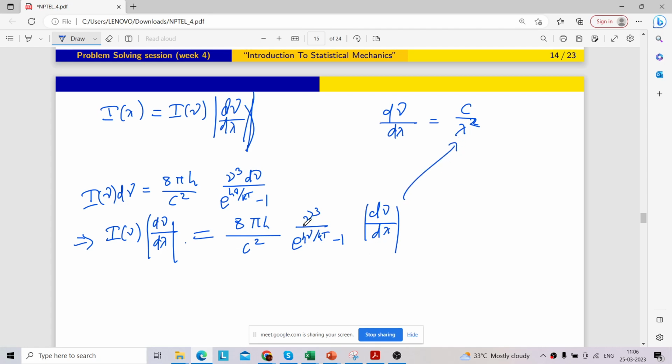I can substitute the lambda value as I know the nu value from this relation. Lambda times nu is c, so nu is c over lambda. So how much will I get?